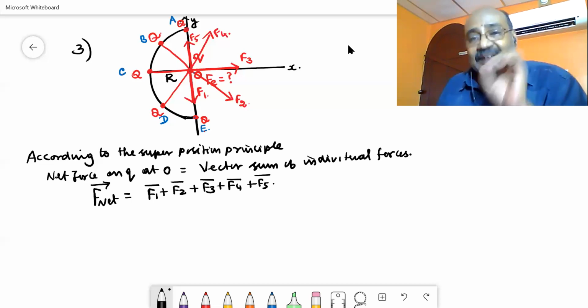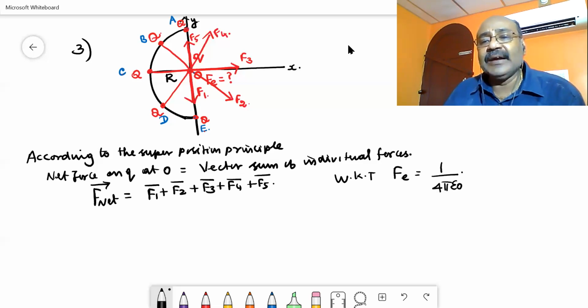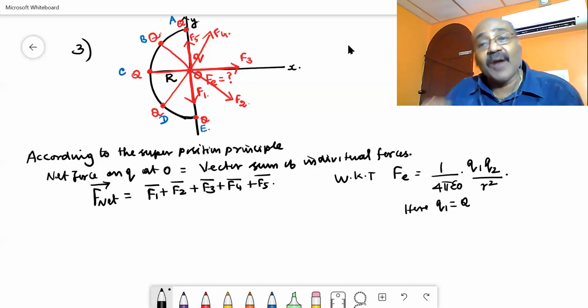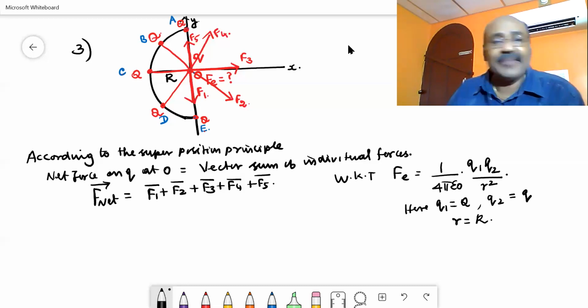So the vector sum of all these forces will give you the net force. Now look at the diagram. You have 5 forces, isn't it? How can you find the electrostatic force? We know that the electrostatic force is given by the formula 1 divided by 4 pi epsilon 0 into Q1 into Q2 divided by r square. Here Q1 is equal to capital Q in all cases and Q2 is equal to small q in all cases, and the distance is the radius.